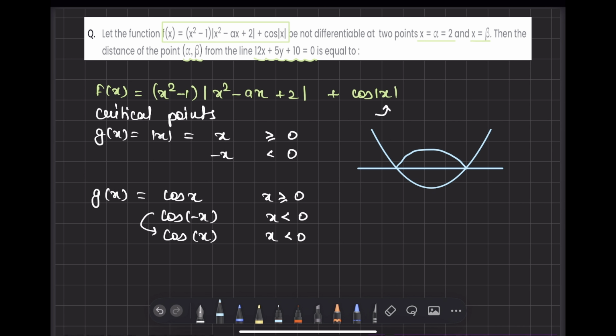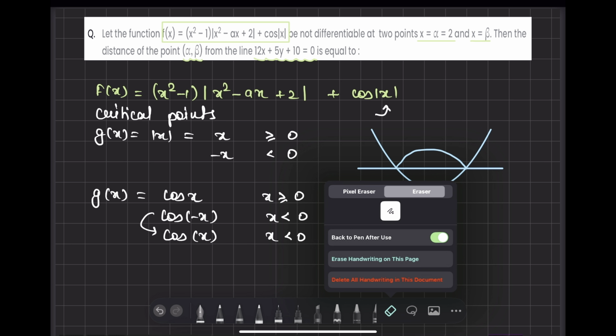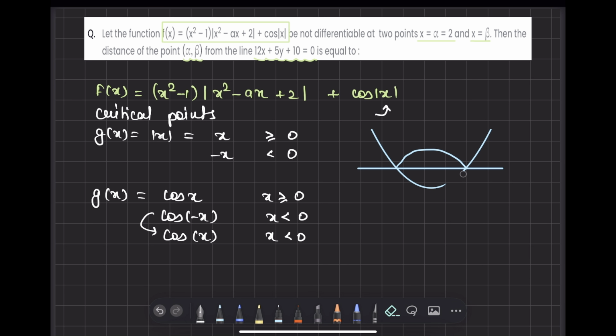So we need to find the points at which the function becomes 0, meaning we have to find the roots. As already mentioned, we have 2 as the first root, 2 maybe this. Now we have to find out who is beta.